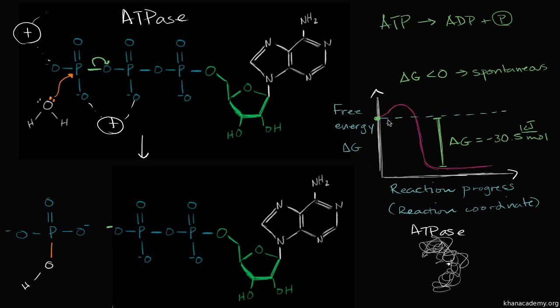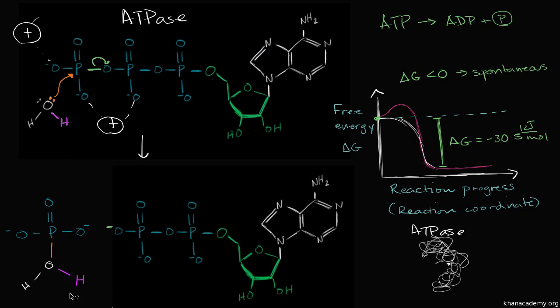So this is the ATPase. And by having the enzyme over here, you're lowering the activation energy, and so it might actually look something more like this. And so the reaction can actually occur. The reason why you don't see this happening all the time without an enzyme is you have to overcome this hump. But once you have the enzymes, they can actually allow the reaction to occur. So this attacks this, forms this bond, and now you have another hydrogen right over here.